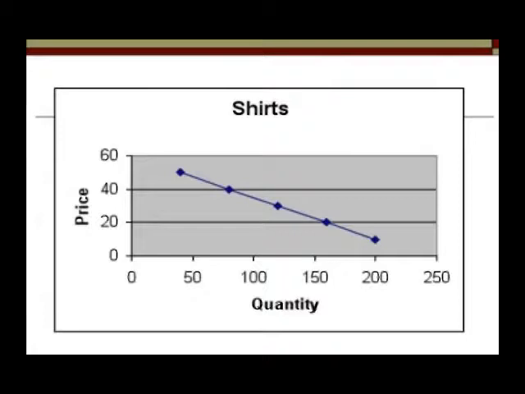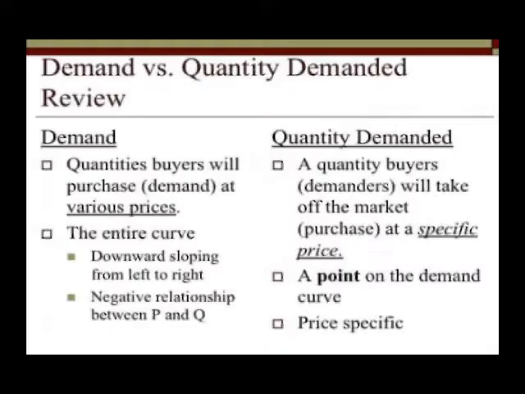At a price of $50, the quantity demanded is about, we'll say, 40-ish, if I may. At a price of $40, because that price went down, the quantity demanded increased. We're getting further away from zero on our quantity axis. Okay? So here's the entire demand curve.